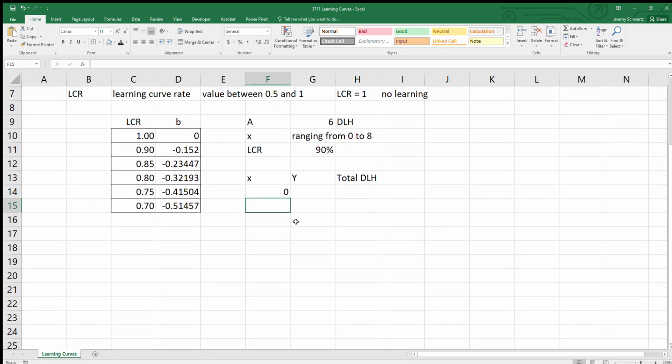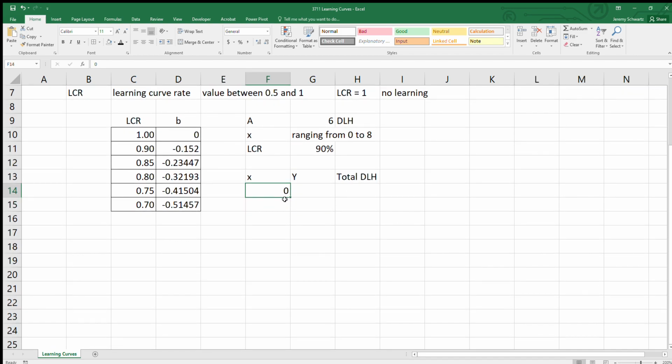Now as you work with Excel a little bit here, if you take that cell and add 1, Excel will know what to do as you work your way down. So going from 0 to 8, with 0 there's 0 production, and so the total direct labor hours would be 0 times 0, 0.